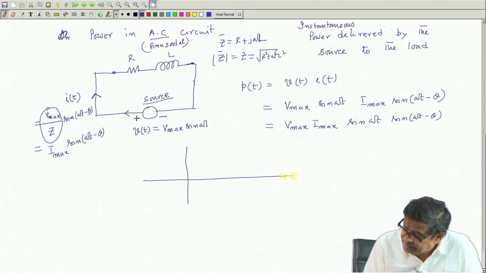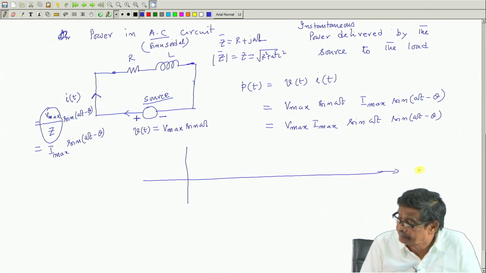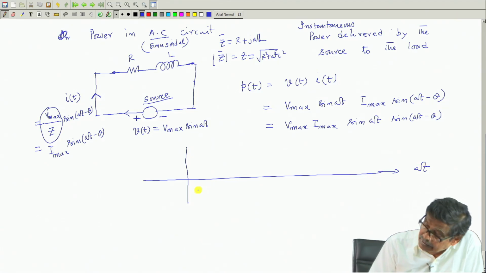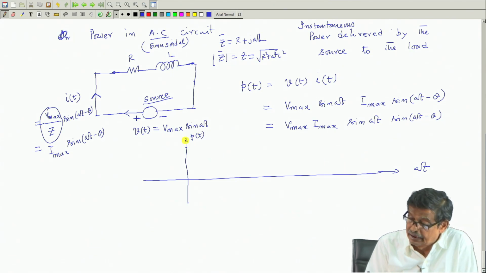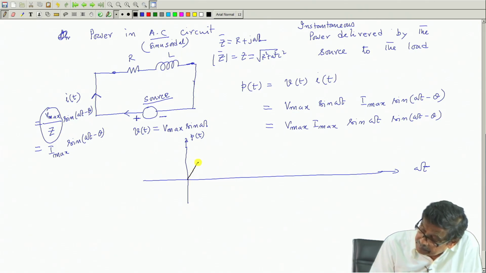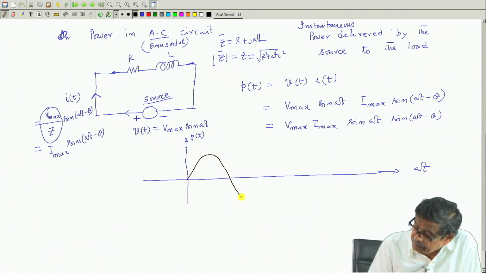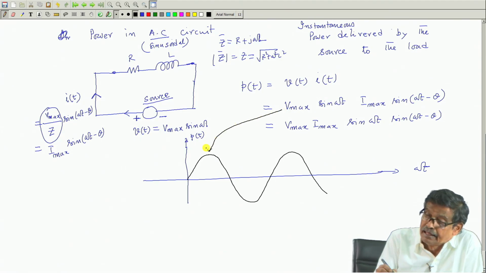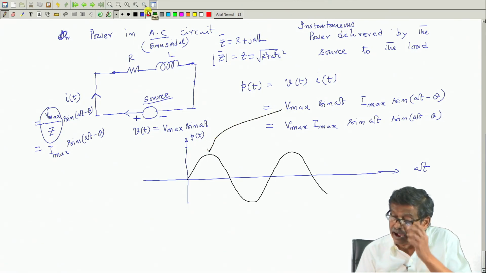Suppose I sketch it in time domain, this is omega t. Omega is constant, and I would like to sketch P t here. Now, how can I sketch it? I will first sketch the supply voltage, this V max sin omega t, and then I will sketch I t.